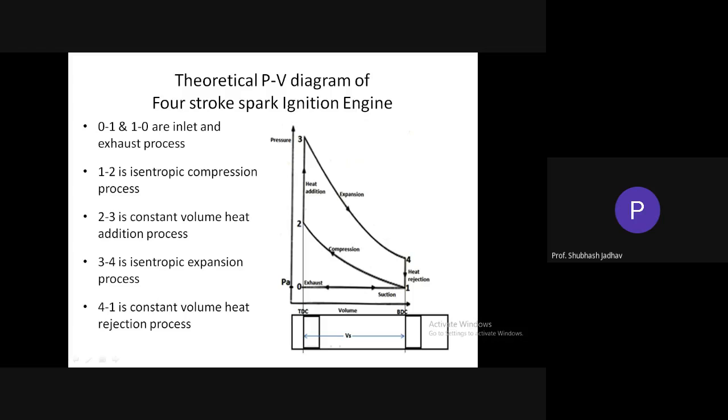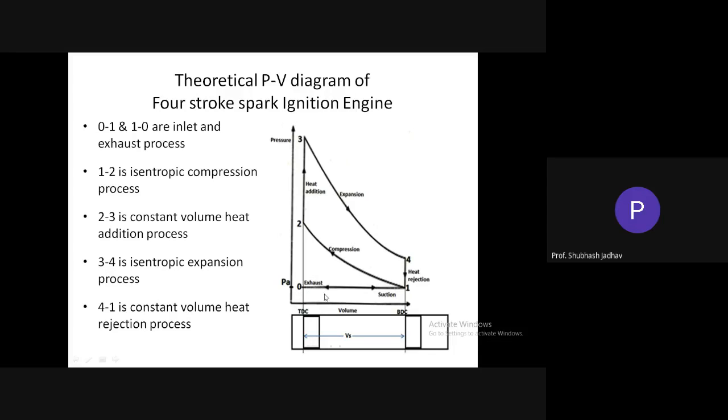So you can see over here the volume is decreasing. From BDC to TDC the volume is decreasing. If I take this much, the volume is now here. The piston was supposed to be here. When I reach over here, the piston is here. When I reach over here, the piston is up here. So as the piston moves from BDC to TDC, the volume is decreasing. That means this line will move towards this side.